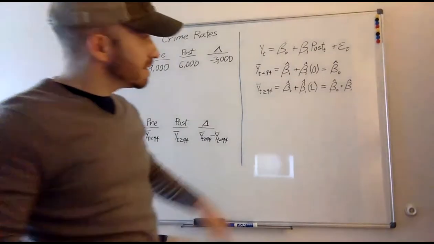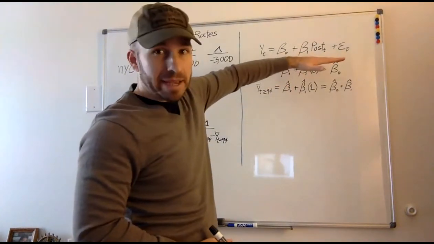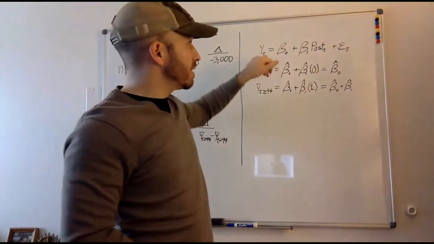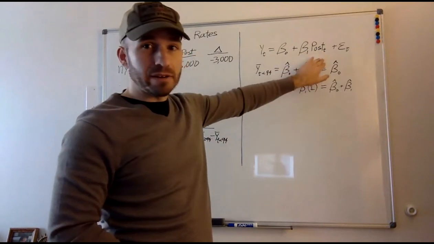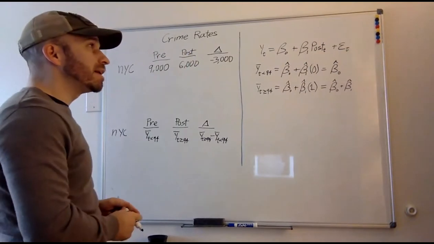The hats indicate that these are the fitted values from actually estimating this OLS equation with the data for the crime rates in each of these years, and simply an indicator for whether or not we are pre or post 1994.